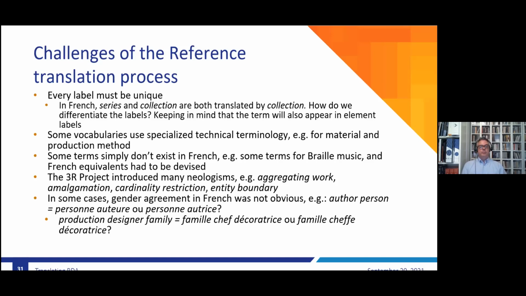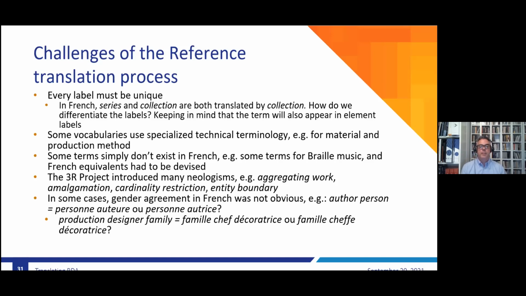And French uses grammatical gender. So in some cases, gender agreement in French was not obvious. For example, should we choose personne auteur or personne autrice for author person? The term chef in French also has two possible feminine forms.